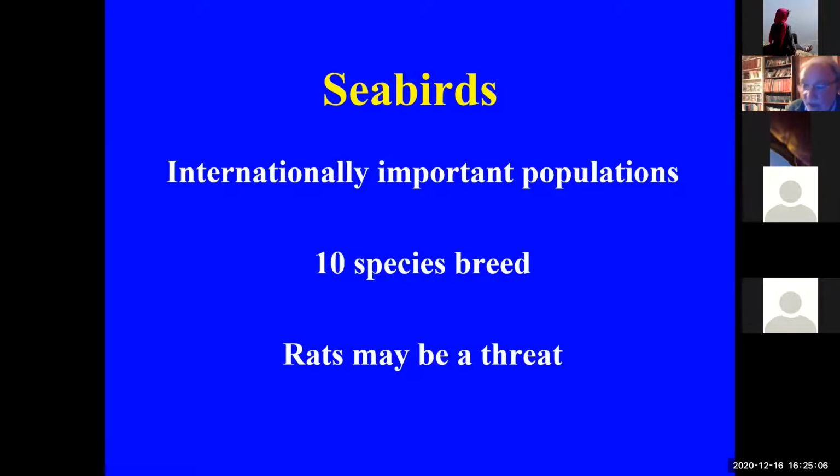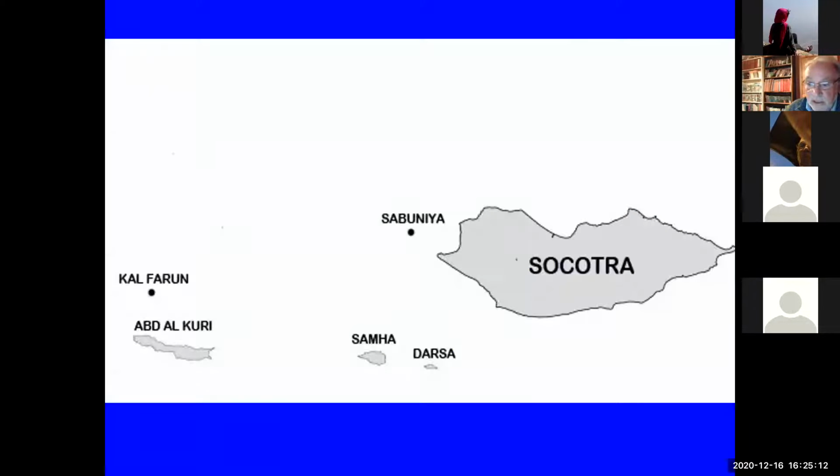We don't know that, but we do know that rats are present on a number of the islands where they breed. And it is islands where most of the seabirds breed, and you'll see there Calfarun and Sabuna, which are really sea stacks, rocks in the sea, which hold the really big seabird colonies.